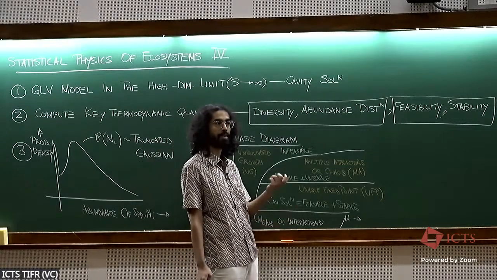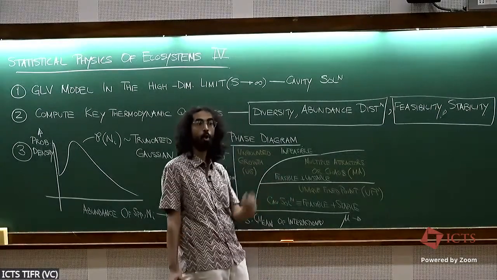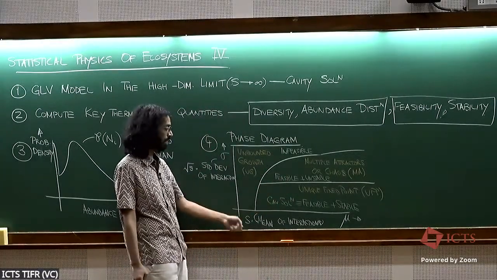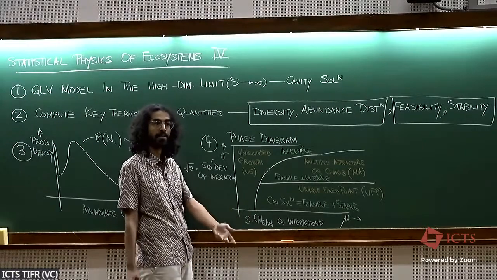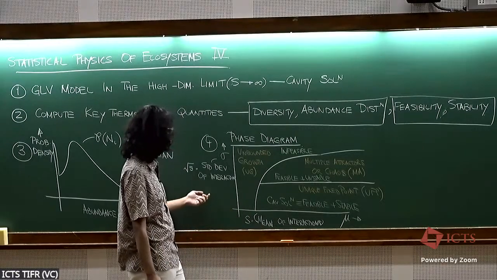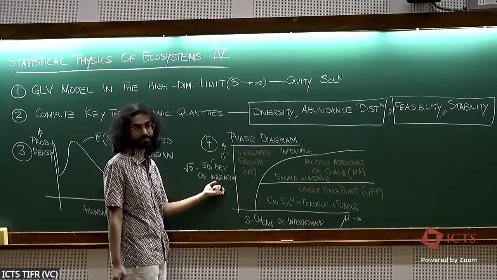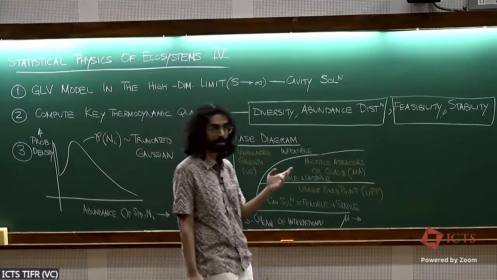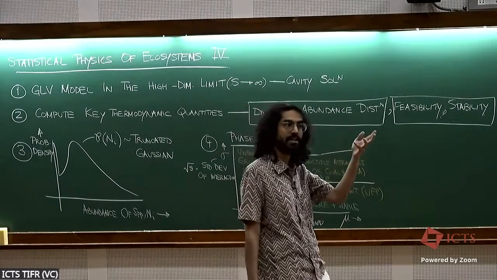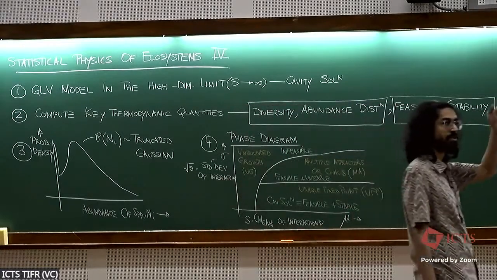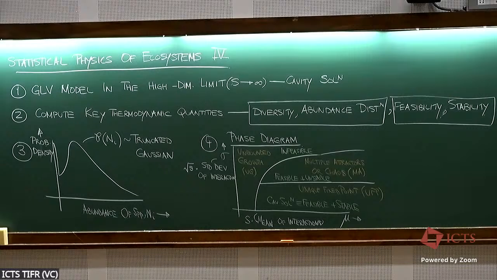Remember, we had A_ij's mean as mu over S, right? So mu is S times the actual mean of the interaction strengths between species. And similarly, sigma is root S times the standard deviation, right? So remember that sigma is not the true standard deviation. Our true standard deviation was sigma divided by root S, which is just a system size scaling.